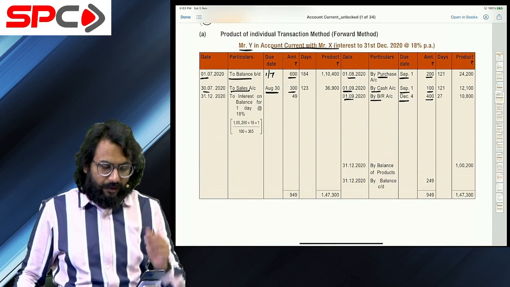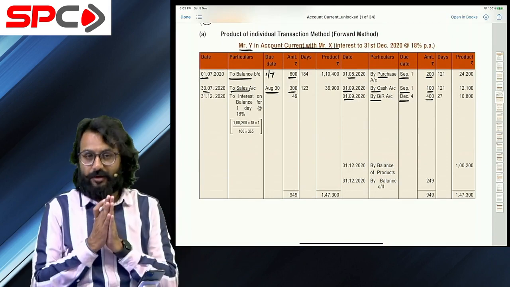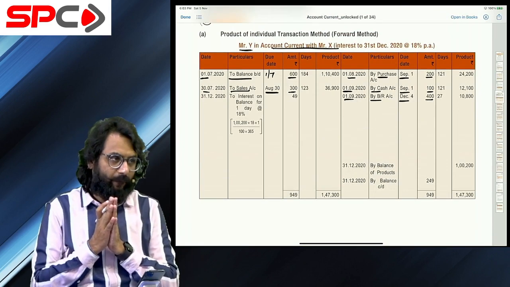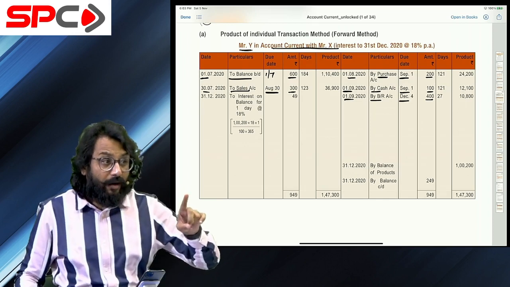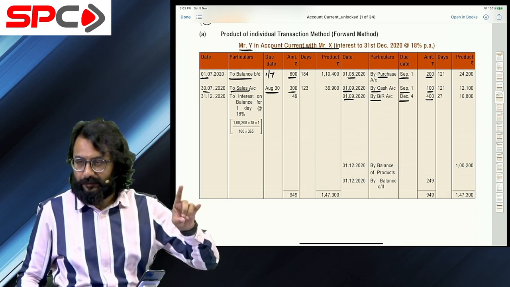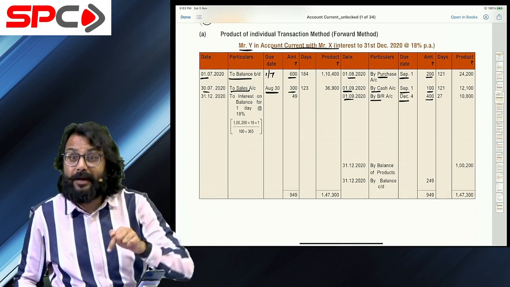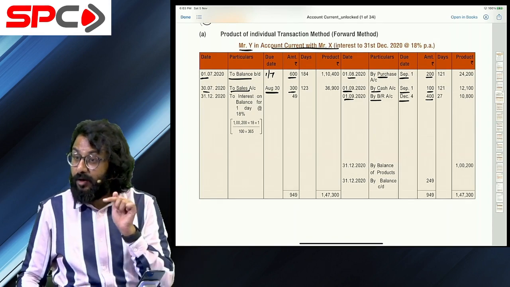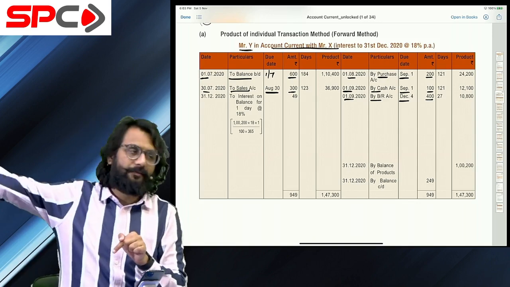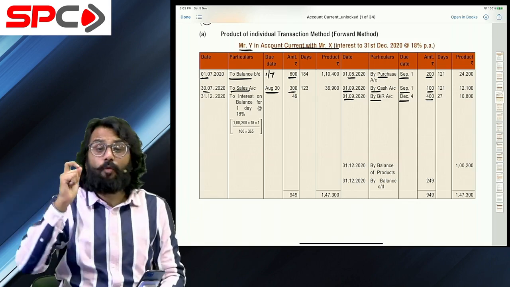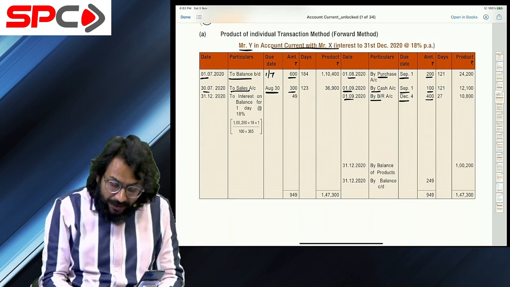Now, let me explain the next question, next logic here. Please, everyone's attention. I am saying in forward method, from due date, forget date of transaction, from due date to year end. Now, when there is an opening balance, you cannot ignore 1/7.